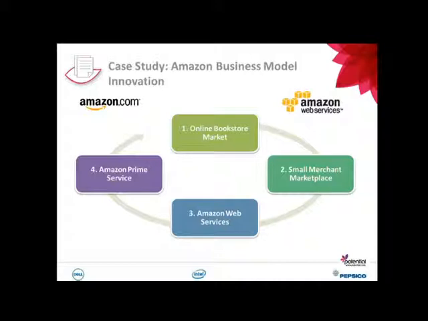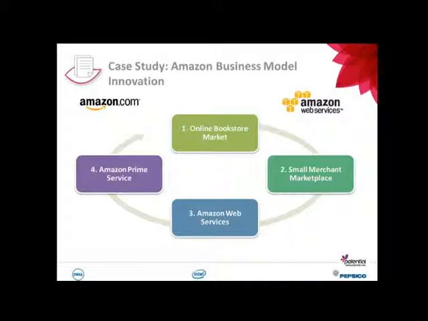So they created a small marketplace for these merchants. If you have a product that you would like to sell, but you don't have the means to set up shops or create a whole e-commerce website, you would be able to have a small marketplace on Amazon to sell your products.